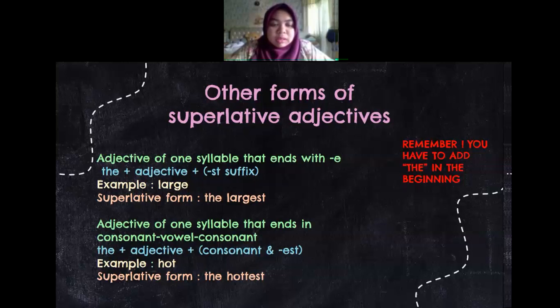For example, hot, you have to double the consonant t before you add the suffix "est". So it will become hottest. And still you have to add "the" at the beginning, so it will become "the hottest". As simple as that, if you understand the concept of the suffix added at the end of the word. Next.